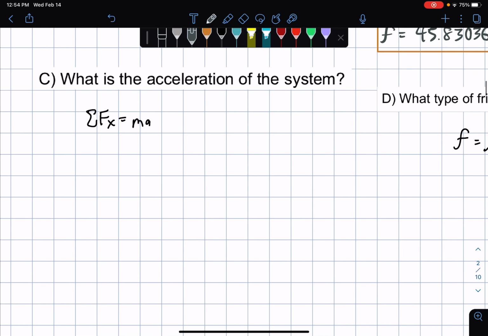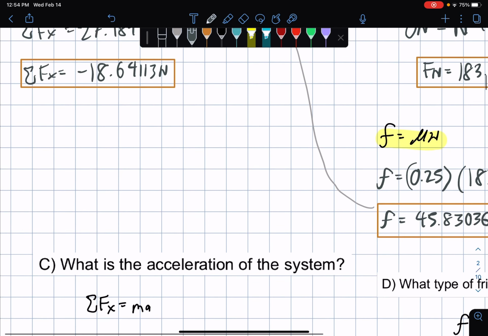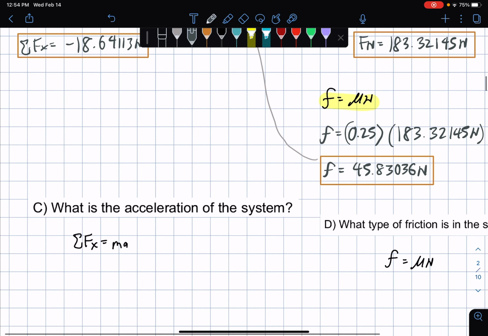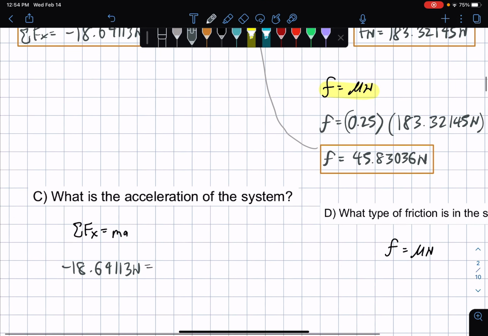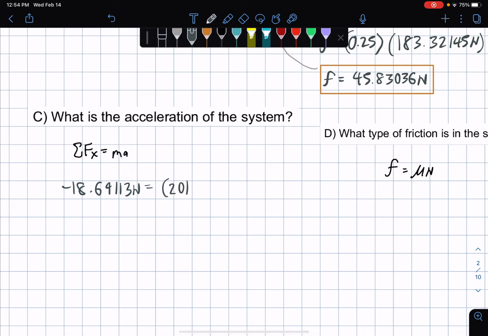Now, for letter C, what is the acceleration? We now know what the summation of Fx is, which is negative 18.64113 newtons. And we know that the mass is equal to 20 kilograms. What is the acceleration?